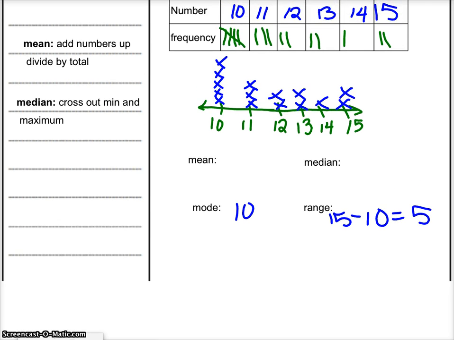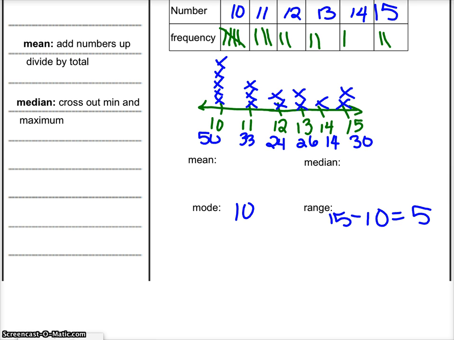Mean. Add all the numbers, divide by how many there are. So what I like about the line plot is I can easily calculate some sums. So I have 1, 2, 3, 4, 5 10s, so that would be 50. I have 3 11s, which is 33, 2 12s, 2 13s, a 14, and 2 15s.